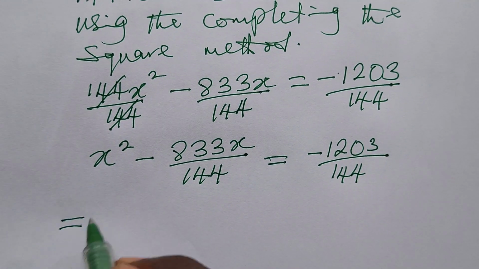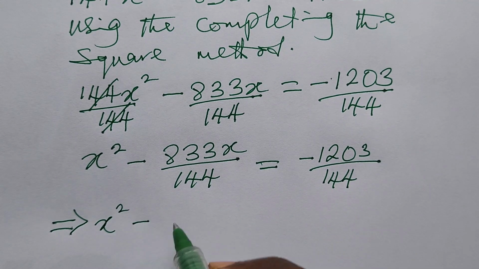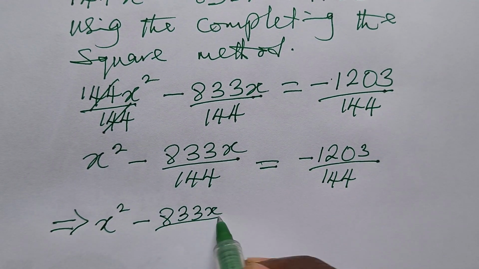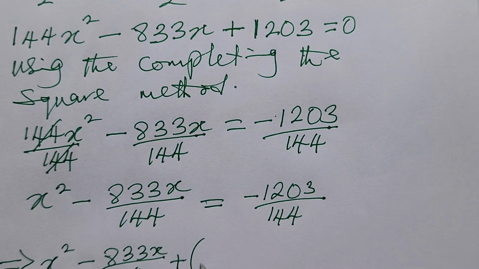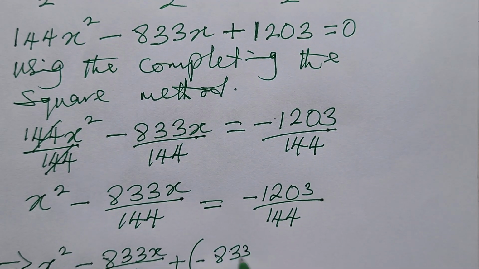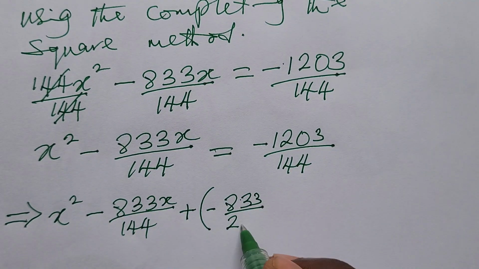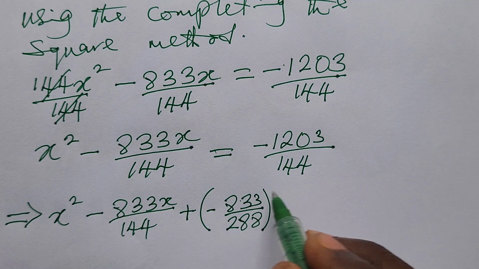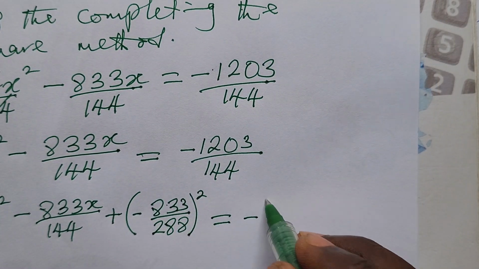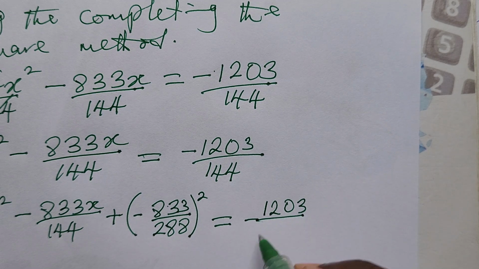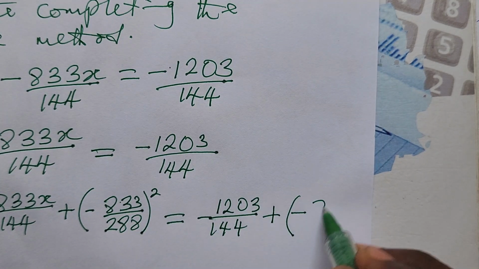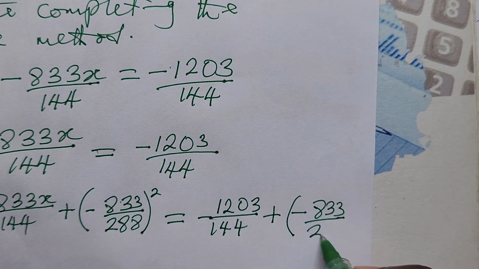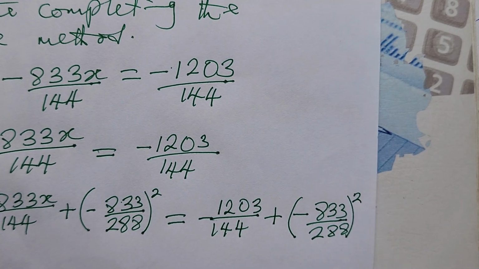So this now implies that our x to the power of 2 minus 833x all over 144, okay, the plus bracket our answer, which is this, going to be here minus our 833 all over 2, 288 all to the power of 2 equal to our minus 1203 all over 144, the plus again bracket minus 833 all over 288, close bracket all to the power of 2.